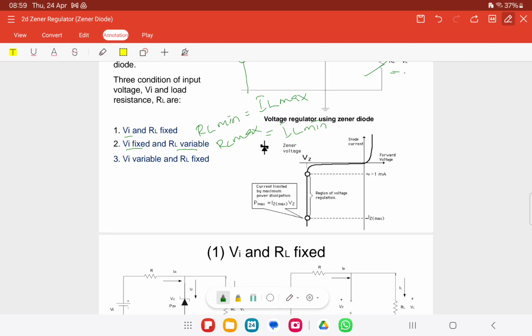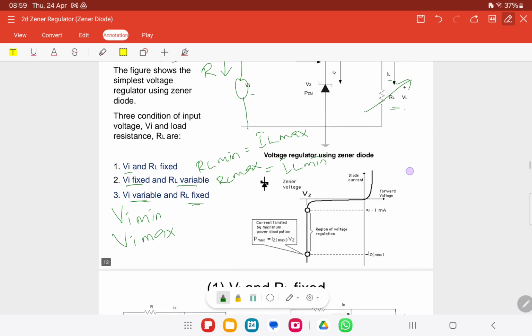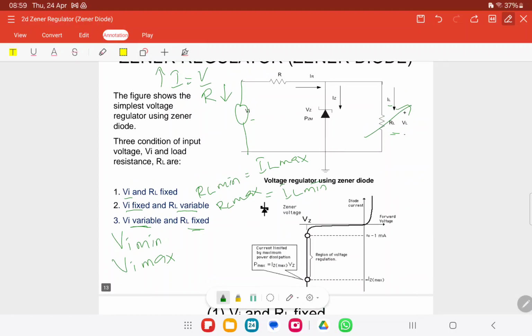The third condition is we have the varying supply and fixed load. This one we will have VI min and VI max. When we have the VI min and VI max, what will also have min and max is this I. Sometimes they write IS, because if they give VS, it is the same.